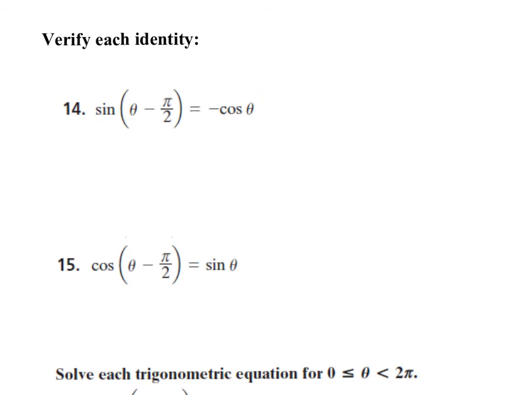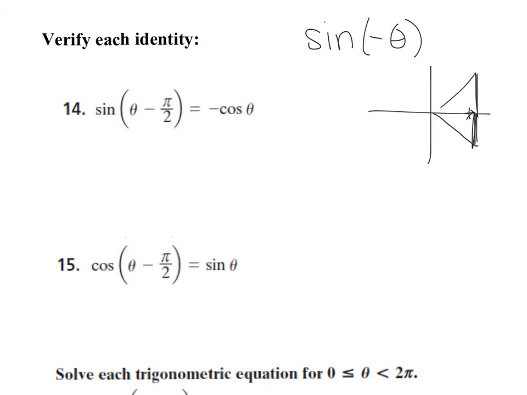But first I just want to go over again that if you have the sine of a negative angle, let's say the sine of negative 60. If I go down negative 60 degrees, look at the y value. This y value is just the opposite of if I had gone up 60 degrees.